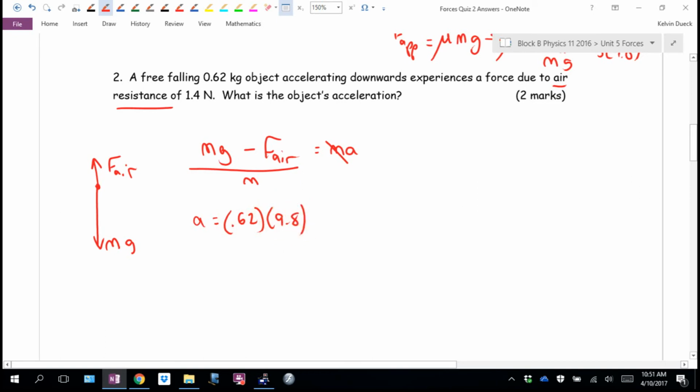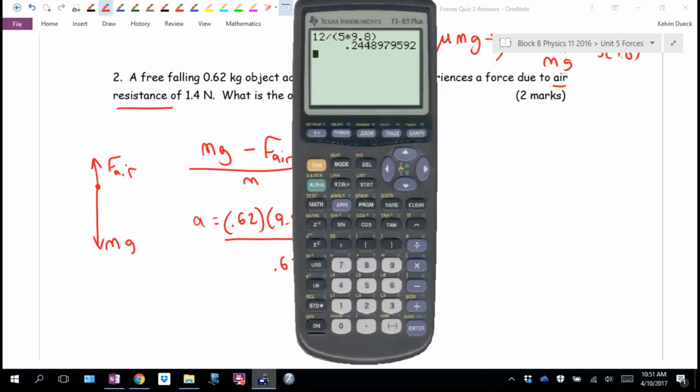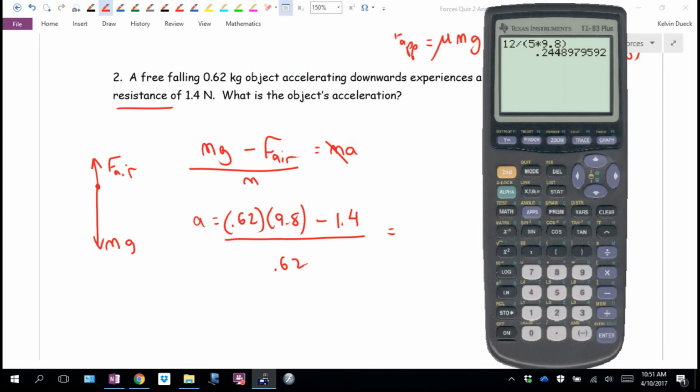I don't need the negative because I let down be positive this time. Minus F air, 1.4, all divided by 0.62. It's going to be a little less than 9.8 because air drag is actually slowing this thing down. 0.62 times 9.8 minus 1.4, close bracket, divided by 0.62.